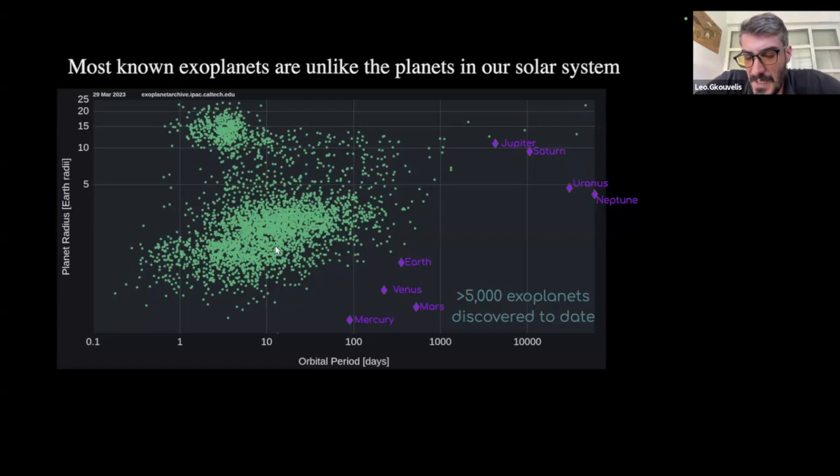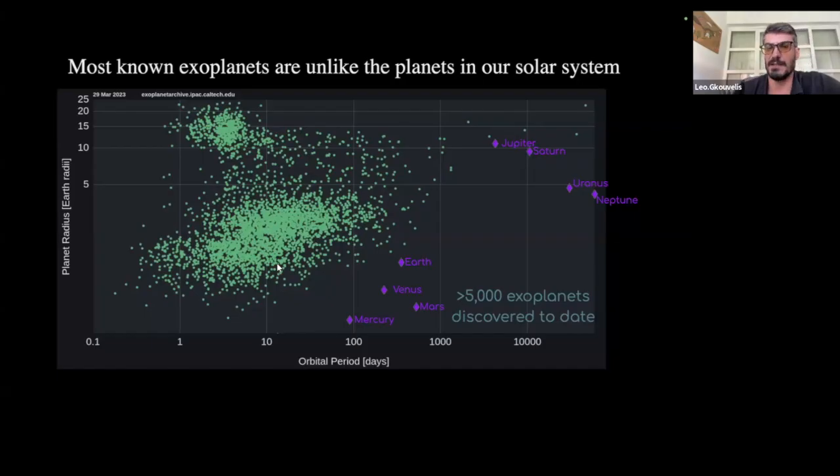You can take many messages from this plot, but I want to focus only on a few. The first thing is that this plot is heavily biased. I have overplotted here the solar system planets, and you see that all of the known exoplanets, or almost all of them, are in very, very close orbit.